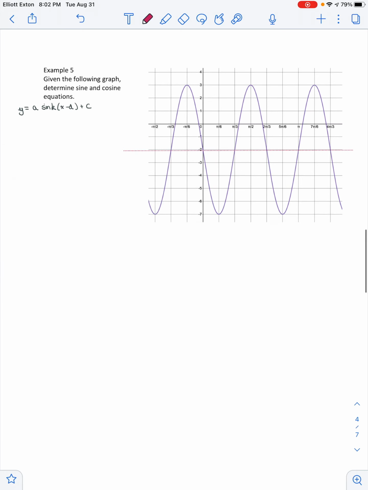Okay, so we have the line there, y equals -2, and this has been moved down 2 units. Remember, the axis of curve gives us a c value. Usually this line is at y equals 0, but now it's been moved down 2 units. So c is going to be -2.